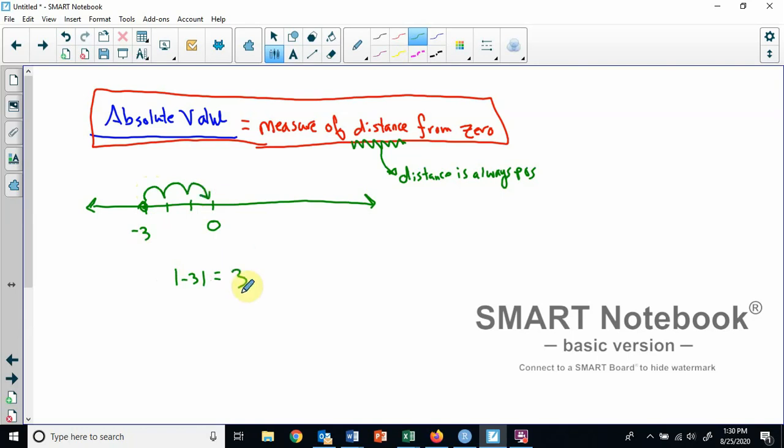It's 3 away from 0. Likewise, if I ask you for the absolute value of +3, how far away is +3 from 0? 1, 2, 3. It is also 3 away from 0. So it always gives you a positive as long as there is nothing else happening on the outside. So inside, this will always come out positive before you do any other operations to it.